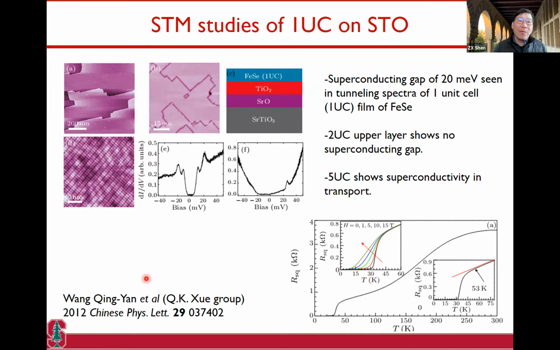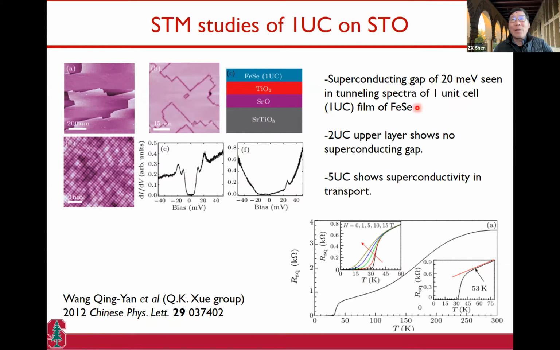We were motivated by the work of Qikun Xue's group at Tsinghua University. In their case, what they find is that if you grow an iron selenium monolayer on top of strontium titanate, this system has a gap of about 20 millivolts.